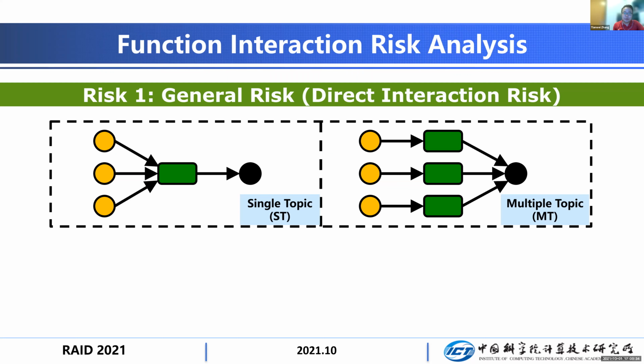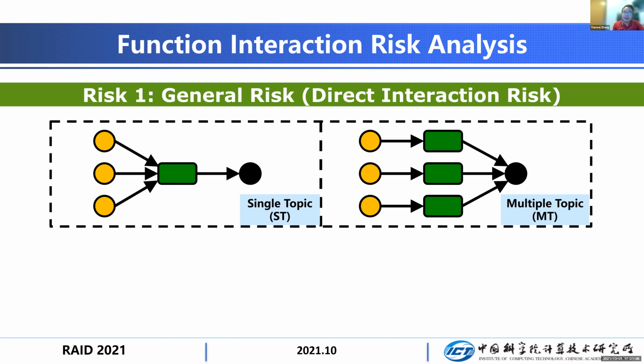As shown in the left figure of this slide, we have multiple yellow nodes. They share the same state of the robot, which is the black node. They share this state using one topic, which is the green rectangle, and this is a single-topic general risk. Alternatively, it is also possible that these yellow nodes share the same state through multiple topics. This is a multi-topic general risk.